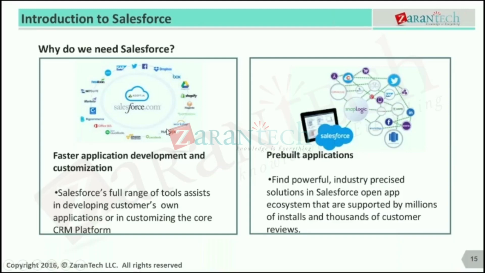Now, let me tell you a very beautiful thing about Salesforce. In Salesforce, we have a new feature called Lightning Connect. Someone asked a question about how we can connect with SAP. This Lightning Connect even has the capability of connecting with SAP.